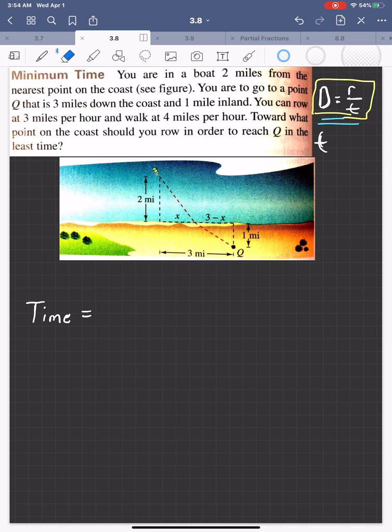That's what we're trying to minimize in this problem. So if we solve for time, t is going to be equal to, well, I'll go ahead and do it so I don't make any silly mistakes. Time is going to be equal to rate over distance.